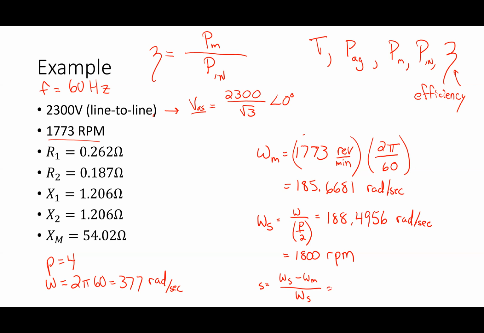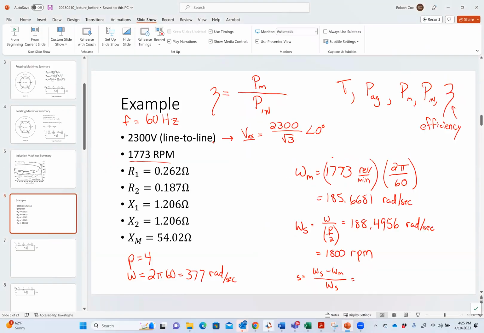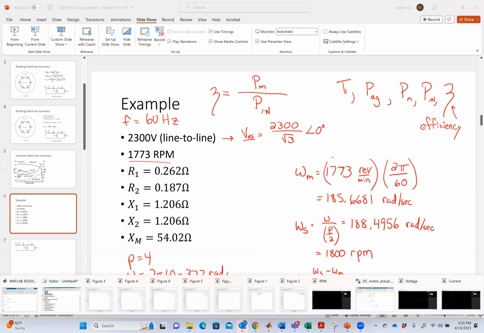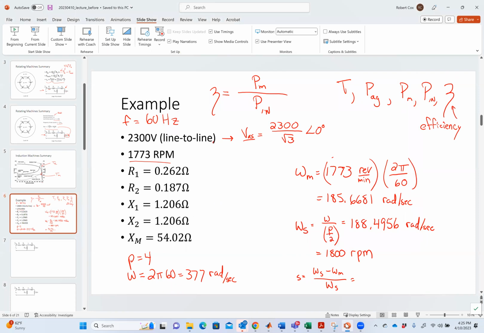Based on what I have right here, if I plug in those numbers, I didn't write it down, but I think it's about 1.5%. Yeah, 0.015, so 1.5%.